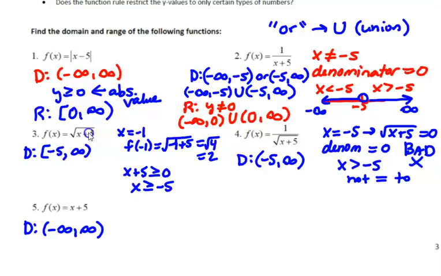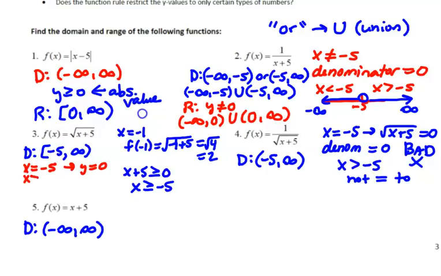Okay, number 3. We have the domain negative 5 to infinity. So I don't even have to consider any other values of x except for these values. None of the other values are allowed. So let's just start out when x is negative 5. If x equals negative 5, y equals 0.